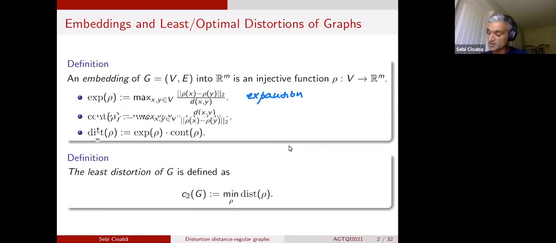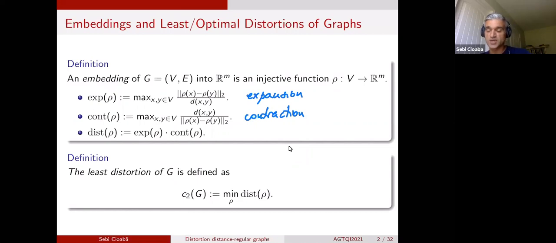Similarly, you can define the contraction of rho, which is the maximum, again over all vertices x, y in V with x not equal to y, of the other ratio: the distance in the graph between x and y, and the distance between their images in this space Rm.